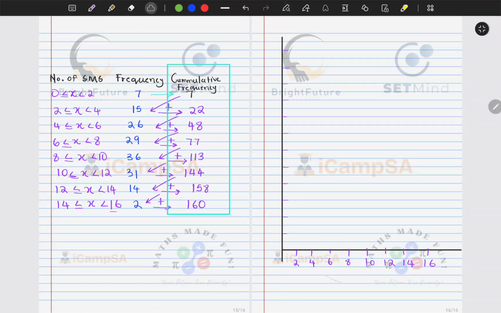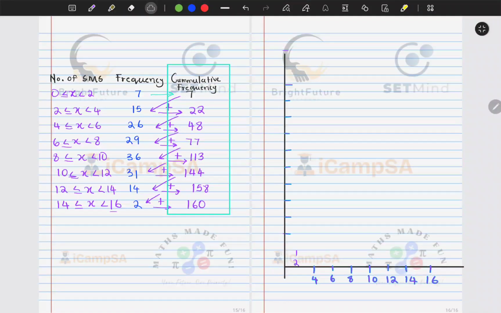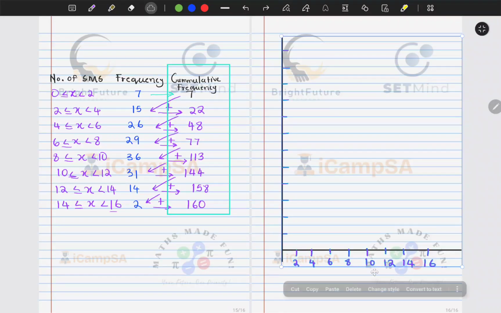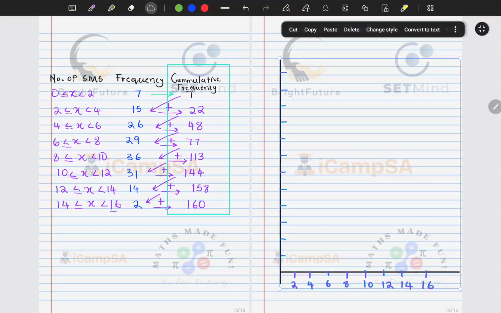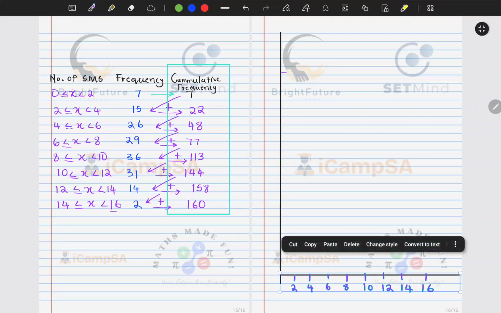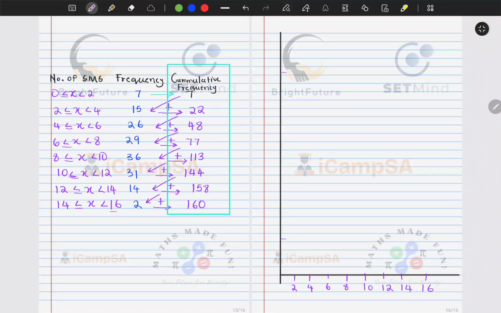So I need 160. So let's move down. Okay. So let's quickly see once again.